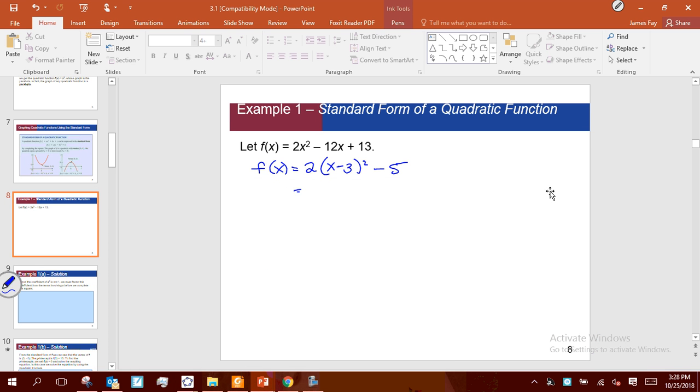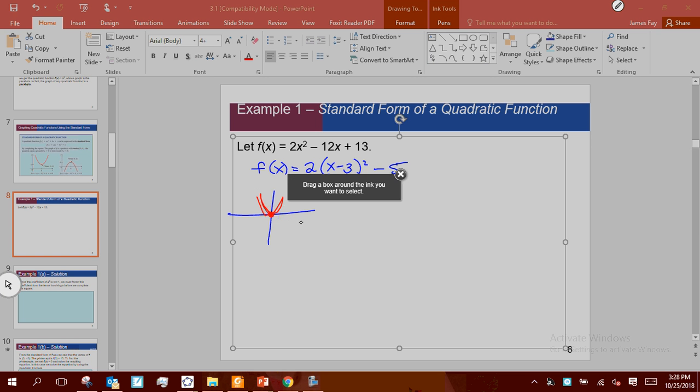And this is a useful format because it tells me what my vertex is. Because we're always going off of the fact that with transformations, which we talked about in class today, if I have x squared as my parent function, the ordered pair 0, 0 is my vertex. If I take that 0, 0 and apply these transformations, it's going to move it to the right.